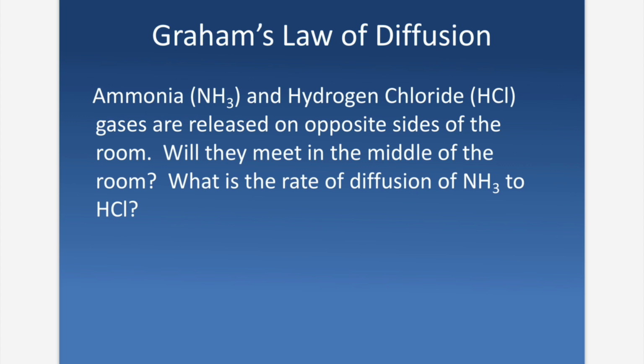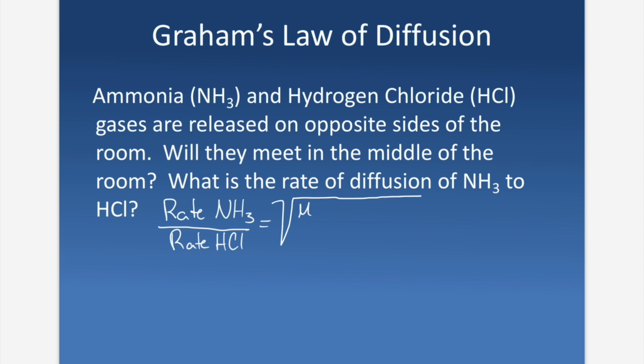So Graham's law of diffusion, what we're looking for is we're trying to figure out the rate of ammonia to the rate of hydrogen chloride, which according to Graham's law of diffusion is going to be equal to the square root of the molar mass of hydrogen chloride divided by the molar mass of ammonia.